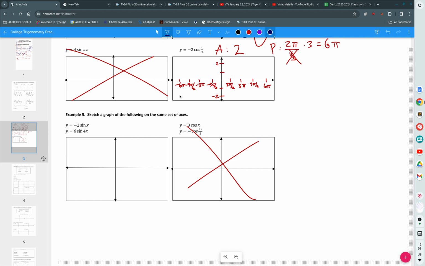So this cosine graph starts down at -2. And where's it going to go from there? It's going to head on up, cross over 0, get to the top, back down. That's my shape.